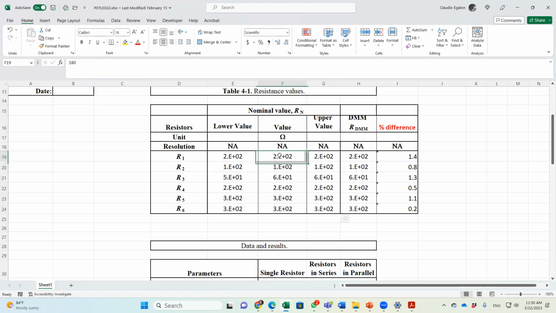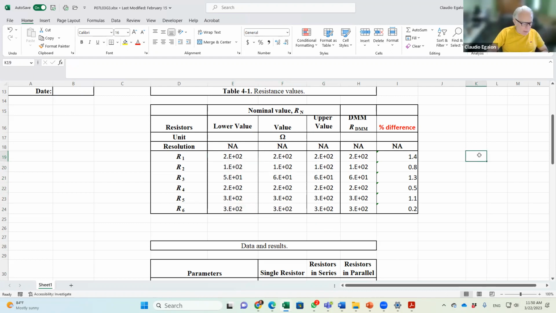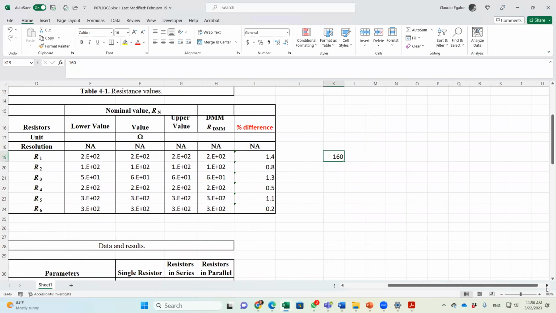Say I have 162, I would just input 160. You've got to be careful. If you take 160 and display it like that, you are displaying 3 significant figures here, right? You don't want that. I thought if there was a decimal, it would make the 0 count, but if there wasn't a decimal, the 0 wouldn't count as a significant figure.